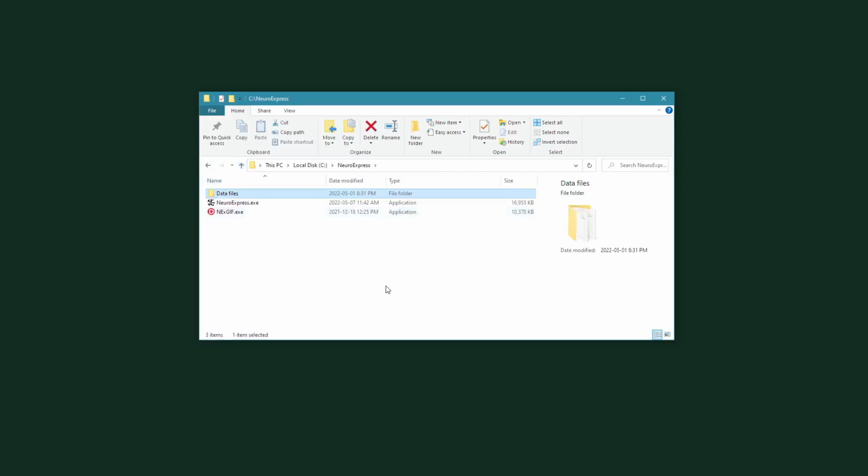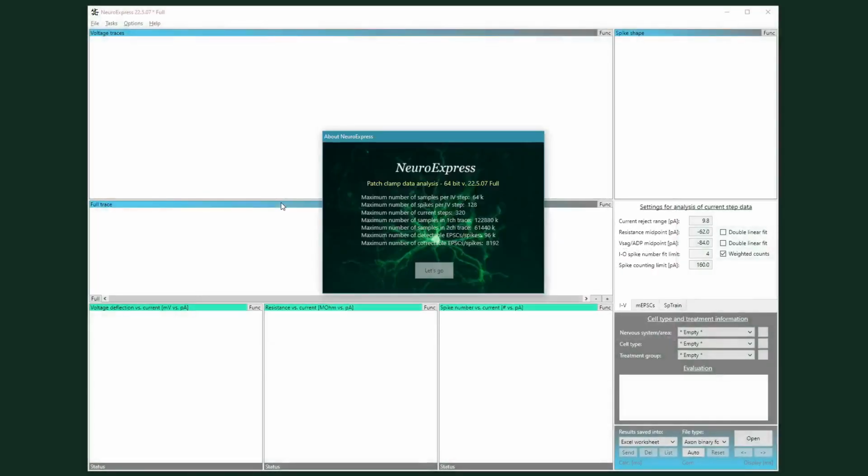So this is very simple. You do not need to download any runtime libraries or Python environment for running the program, and it can be started just by clicking on here. And this is what you will see, and then you will be ready to use it.